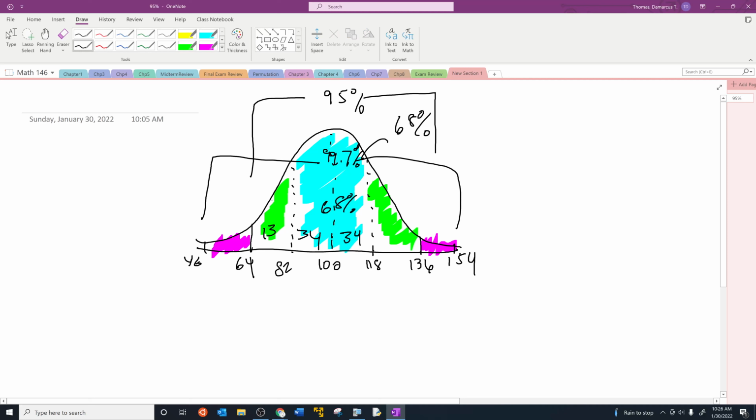So 13% in this little sector and another 13% here, and so on. And so that's how you would do it. If you Google empirical rule, there are tons of empirical rule charts available. But now we can answer the questions pretty easily.